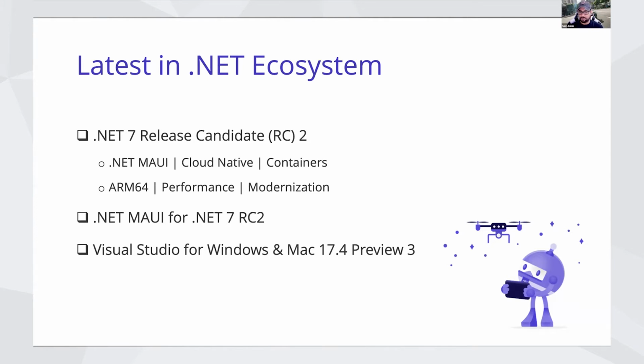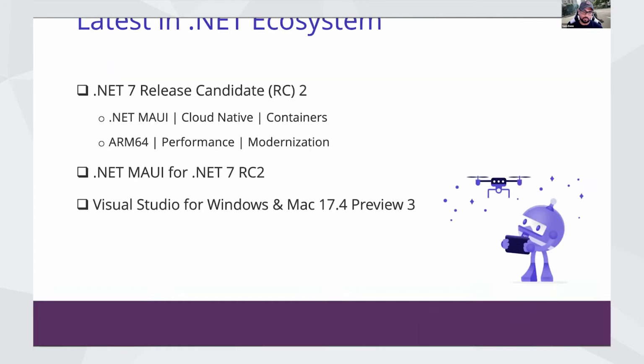And for .NET MAUI, you can write on the latest .NET 7 bits. Visual Studio has had a lot of updates. The Windows side of the story with .NET MAUI in particular, that's done. Mac is still a little bit in preview. I think this one's a little old. We are up to like preview 6 now, but Windows tooling is completely done. Mac, it works, but it's still in preview mode a little bit.